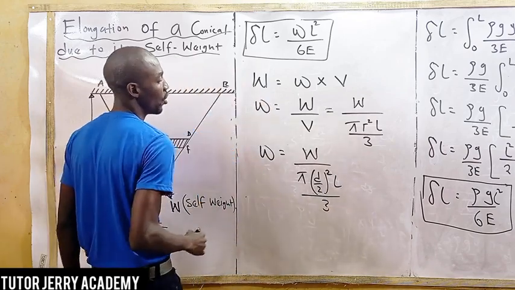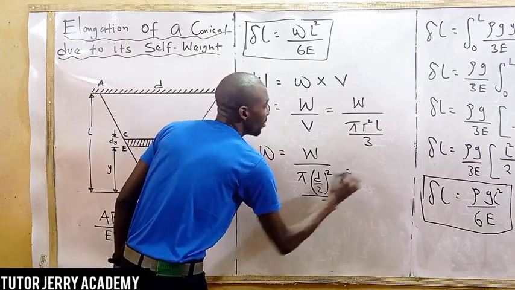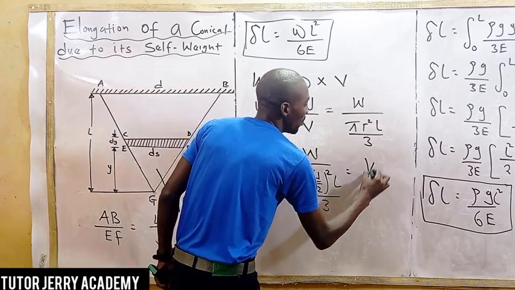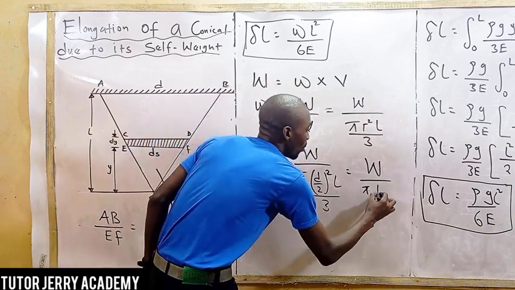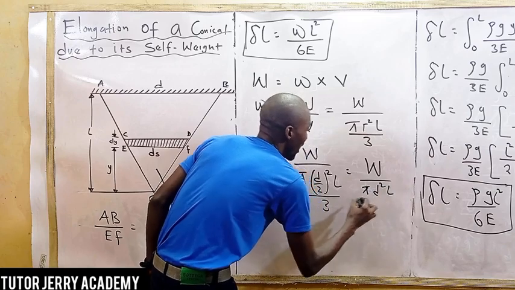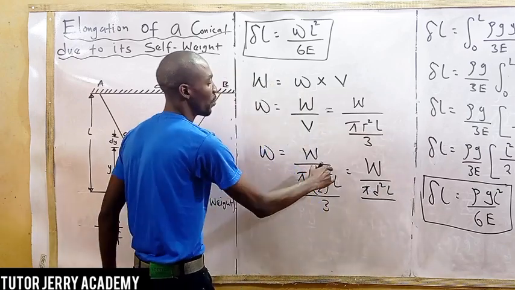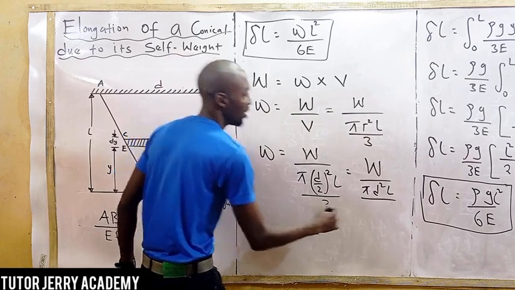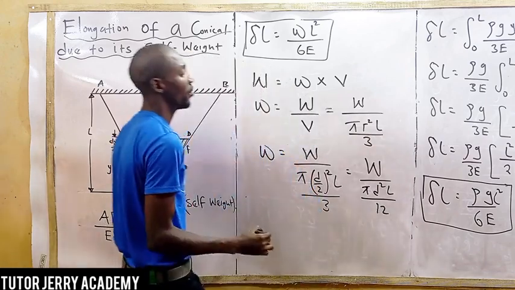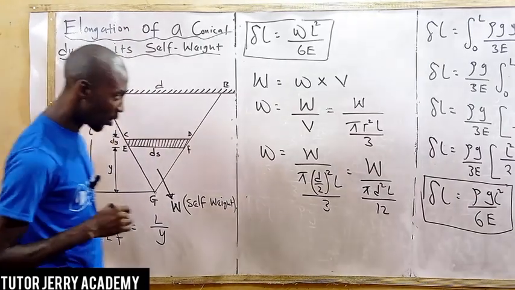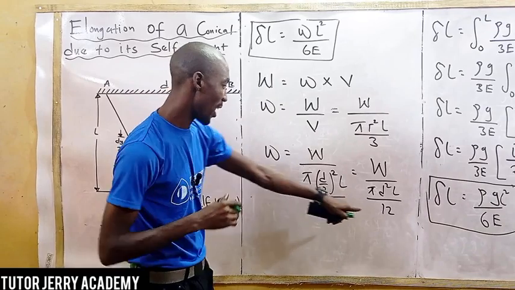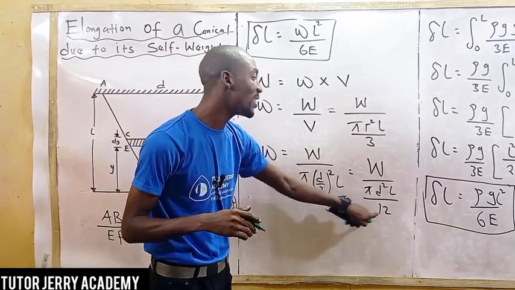By the time we open this, we're going to have this equal to the weight of the cone all over pi. We have D square, we have L, then we have 2 to power 4, which is 16... sorry, 2 squared is 4, 4 times 3 is 12. So from here, that is what we are going to get. All right, if I decide, I can write this 12 in form of 3 times 4.